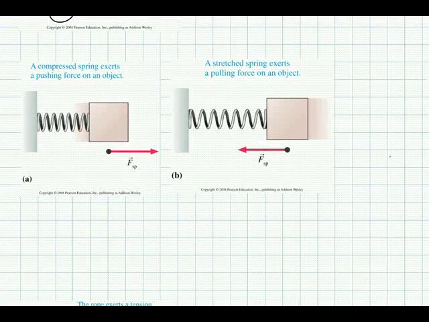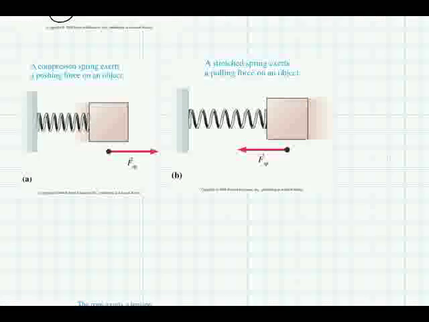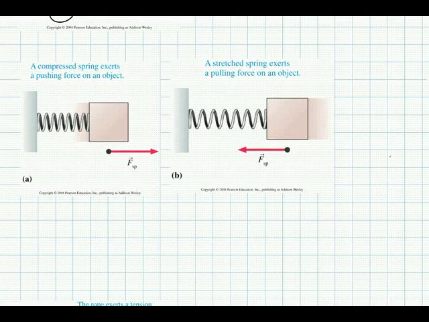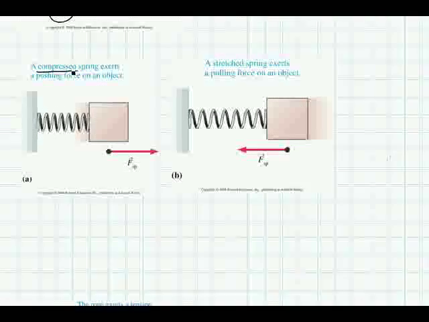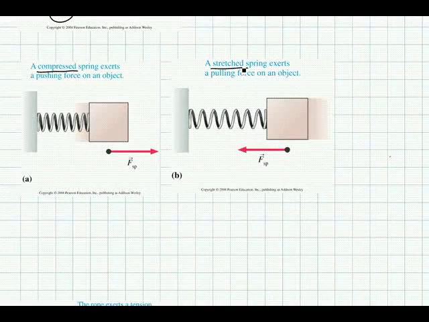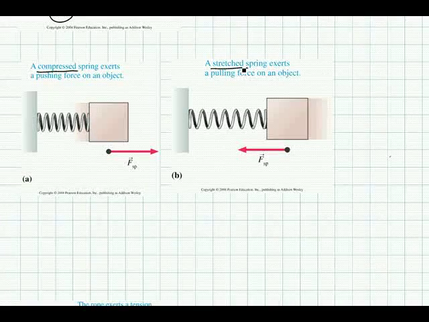Let's talk about the spring force a little bit more. In these two pictures I have my object, which is the box, in contact with the spring, therefore there is spring force acting on the object. However, depending on whether my object is compressing the spring or stretching the spring, the direction of the spring force will differ.